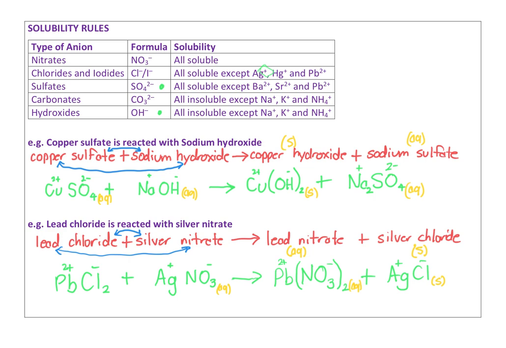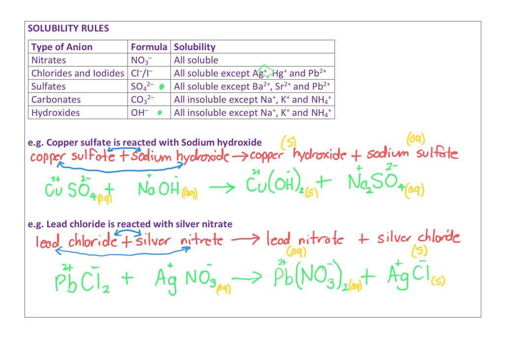Lead chloride, all soluble. Oh, this was a bad example to pick in a sense, because lead chloride would be insoluble. Now, it is actually slightly soluble. We're not going to worry about the exact definition of how soluble or not soluble at this level.